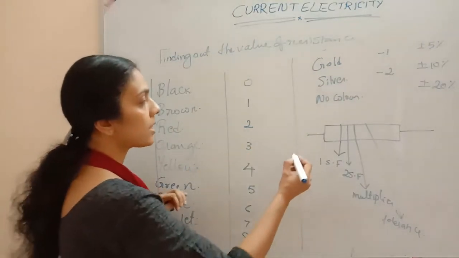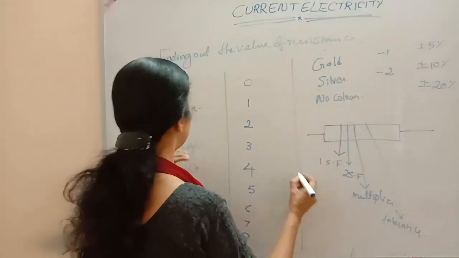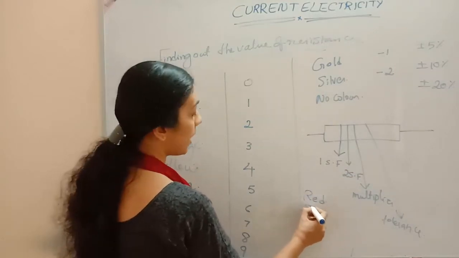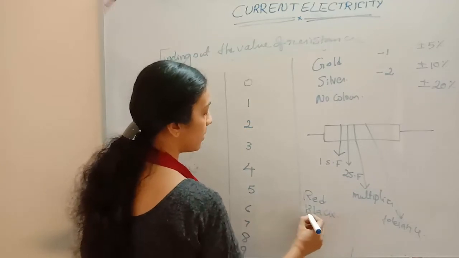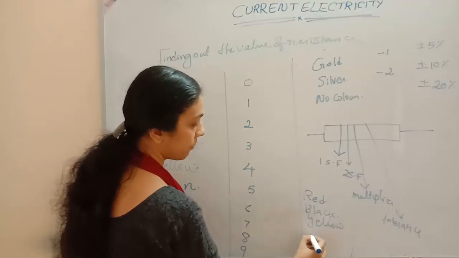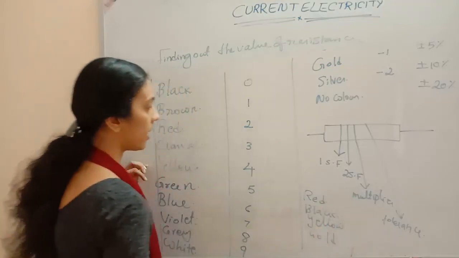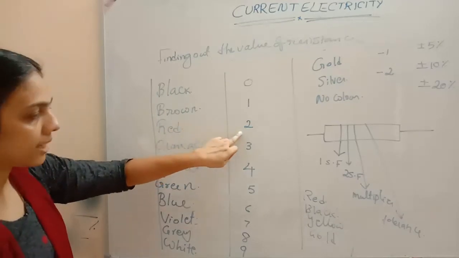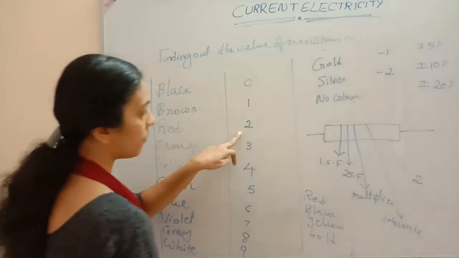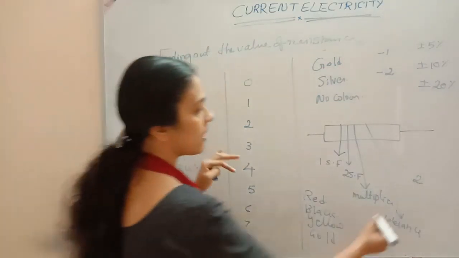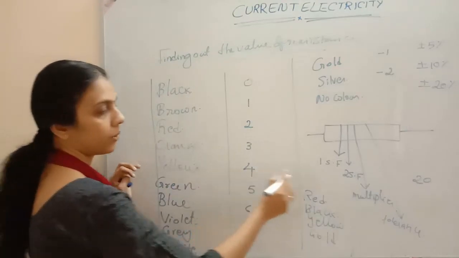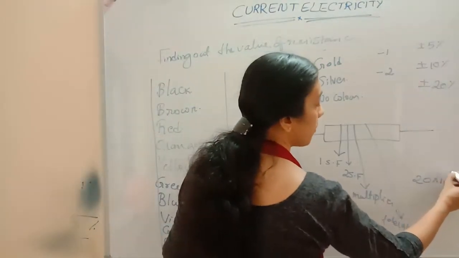Suppose the colors are red, black, yellow and gold. Red is 2, so it represents the first significant figure. Black is 0, the second significant figure. Yellow is 4, so it is multiplied by 10 to the power 4.